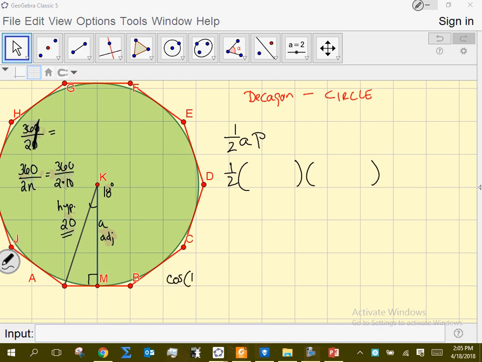So I say cosine of my angle is equal to the adjacent side divided by the hypotenuse. Multiply both sides by 20, and there's my apothem: 20 cosine 18. Whenever I have fractions, I multiply by that denominator to get rid of the fraction.